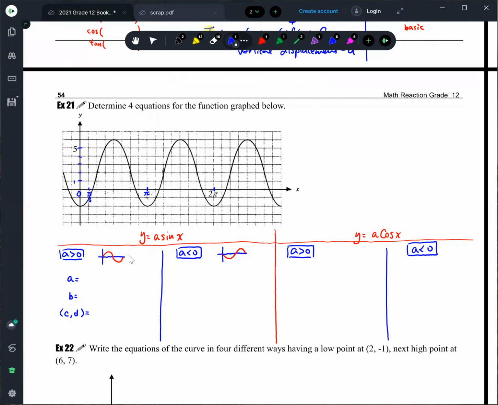Okay, please raise your hand if you have the x and y axis and the new origin.